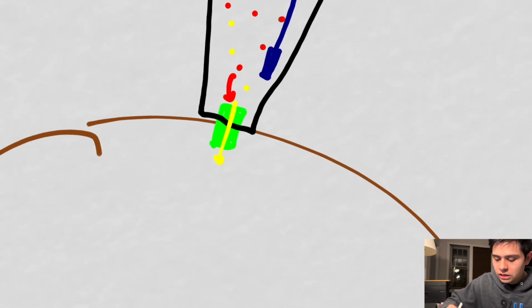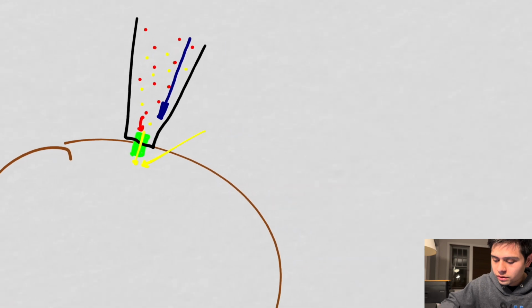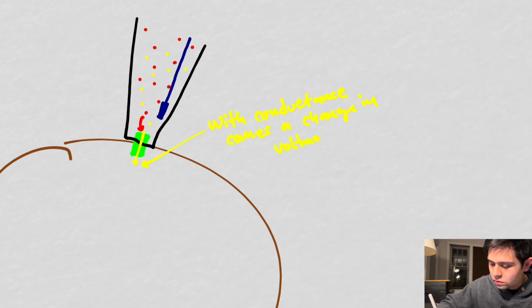So with this conductance comes a change in voltage. Okay? And so when there's a change of voltage, this electrode will measure that change in the voltage.